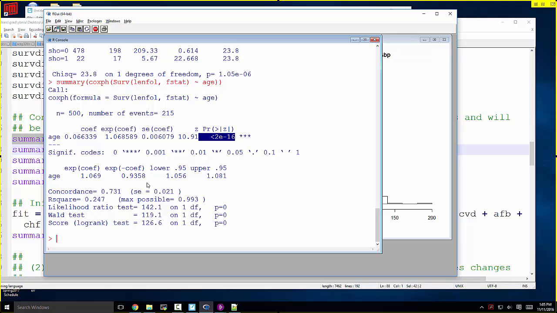The 95% confidence interval on the hazard ratio for age, for every 1 unit increase in age, we estimate a hazard ratio of 1.07 with a 95% confidence interval of 1.06 up to 1.08. So that does not include 1.